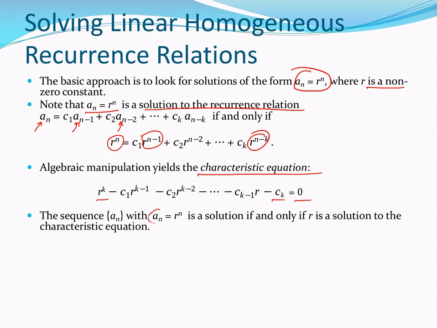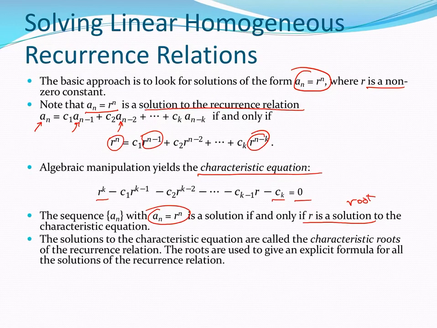And a sub n equals r to the n if and only if r is a solution or a root of the characteristic equation, and we call these the characteristic roots for my recurrence relation. And they'll be the basis for establishing a closed form solution.